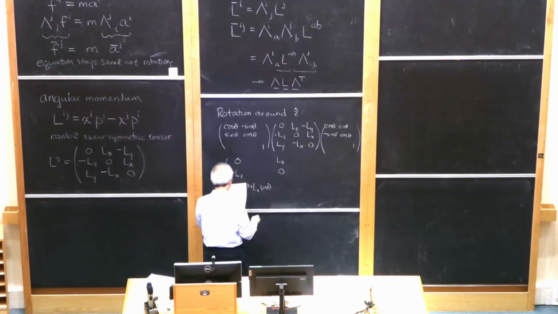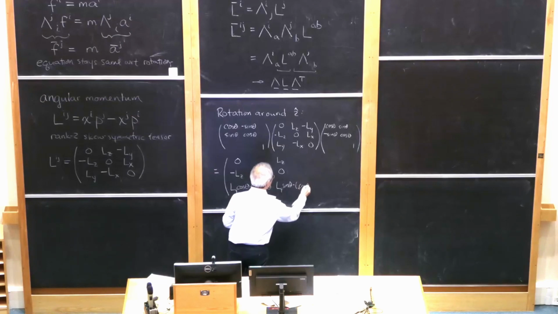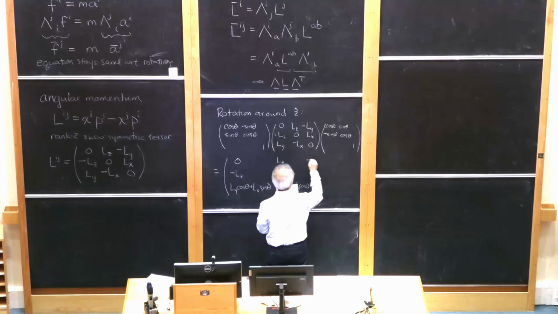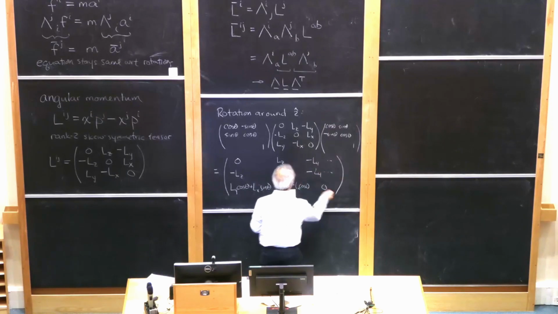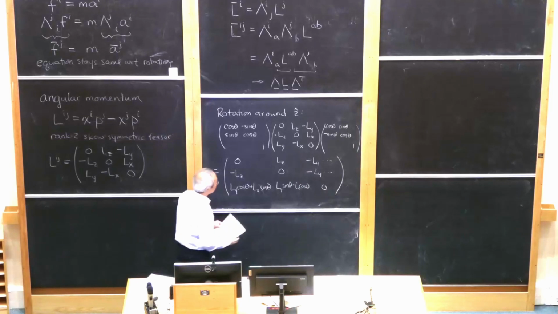That will then be that. And then we have Ly sine theta minus Lx cosine theta. And then, of course, we have the corresponding terms on the other side, minus y, Ly, et cetera, et cetera. I'm not going to bother with that, because you know that it is an antisymmetric arrangement.